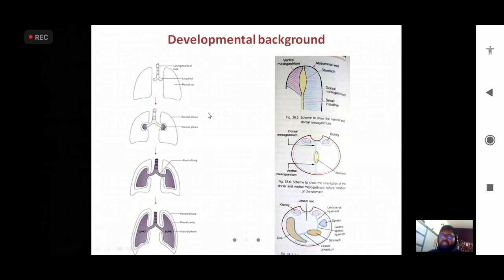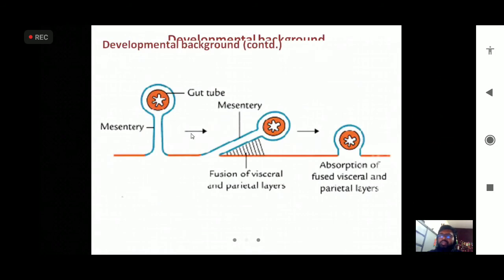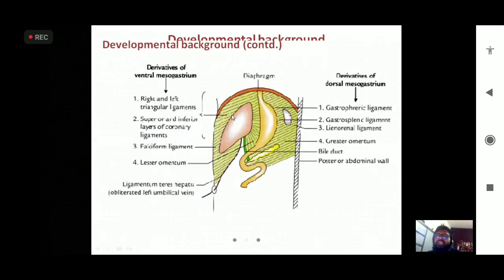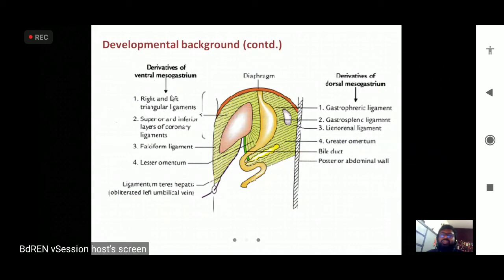Next, same thing, let us elaborate. This is the ventral mesogastrium, and this is the dorsal mesogastrium, and you can see the spleen is located within the dorsal mesogastrium, and the liver is located within the ventral mesogastrium, and eventually the ventral mesogastrium gives rise to right and left triangular ligaments of the liver, superior and inferior layers of the coronary.